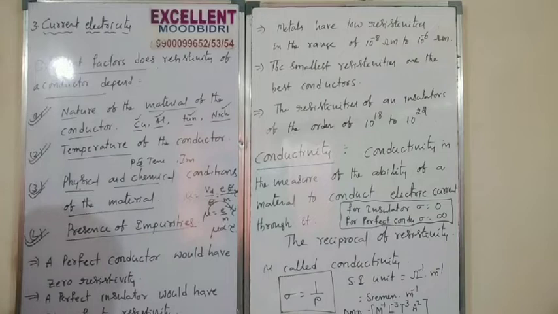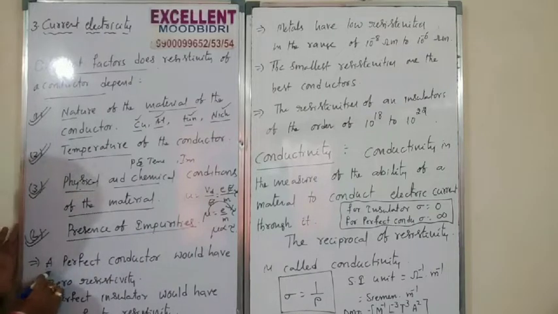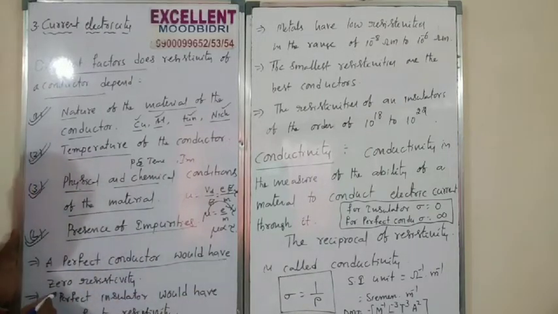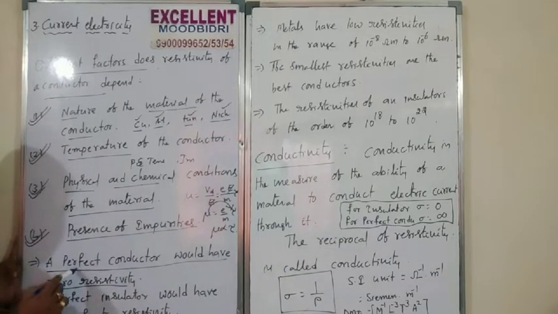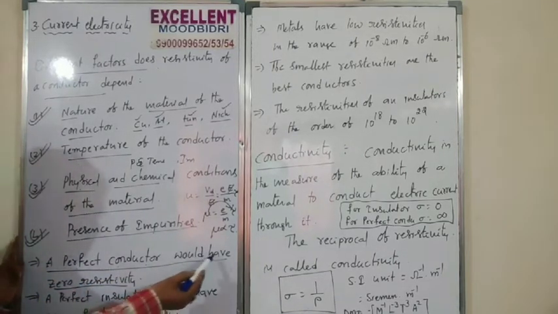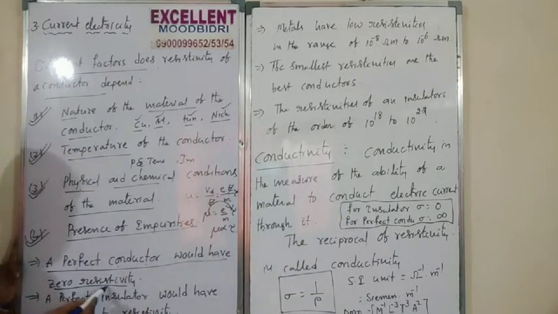Some extra points to remember. A perfect conductor would have zero resistivity. Remember this point. Similarly, a perfect insulator would have infinite resistivity.